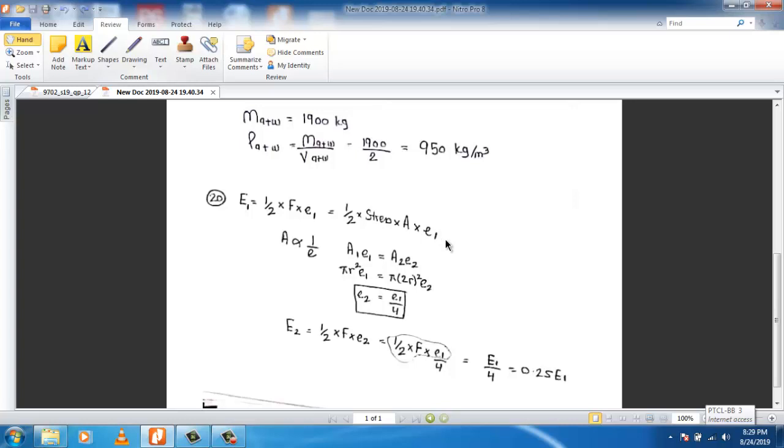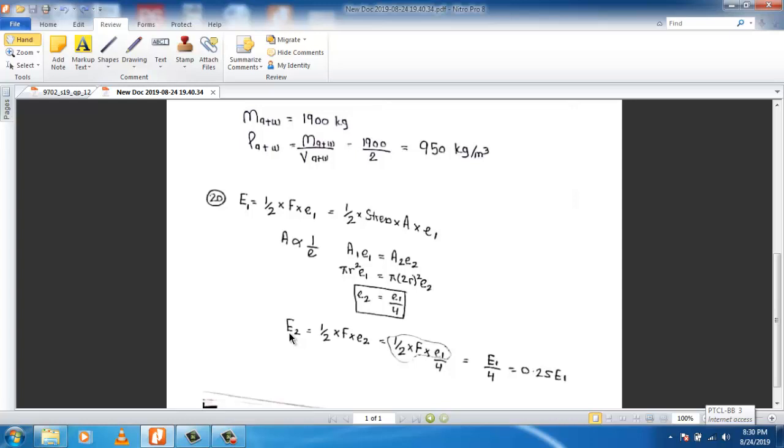Now from here you can evaluate this. Area is inversely proportional to extension, so you can calculate the extension e2 when the diameter is doubled. When the diameter is doubled, the radius also doubles, so the area becomes four times. So just calculate e2: e2 becomes e1 over 4.